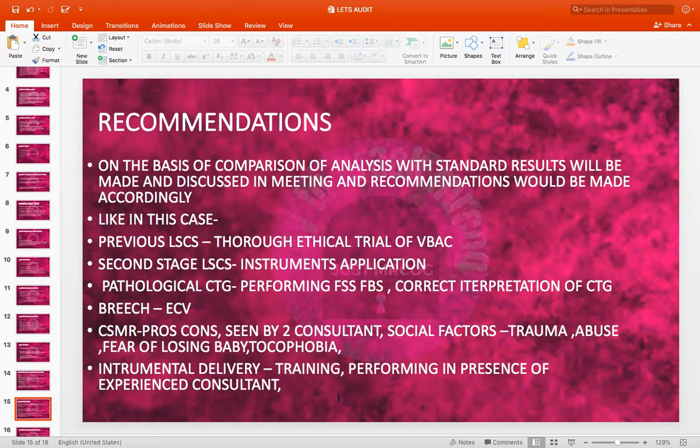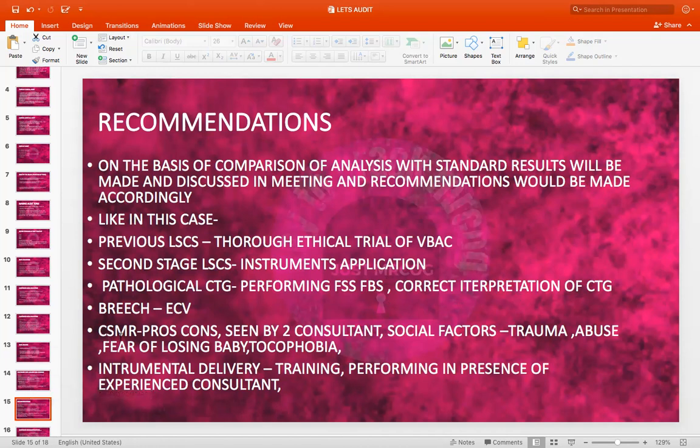For previous cesarean, there should be a thorough ethical trial of VBAC. For second stage LSCS, there should be instrument application. For pathological CTG, we should perform fetal scalp stimulation or fetal blood sampling, and there should be correct interpretation of CTG. For breech, we should always offer ECV first.